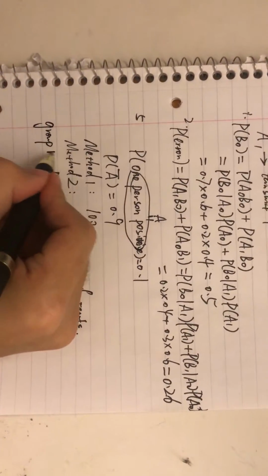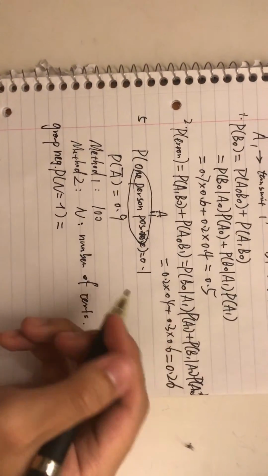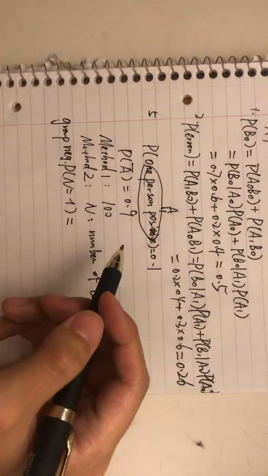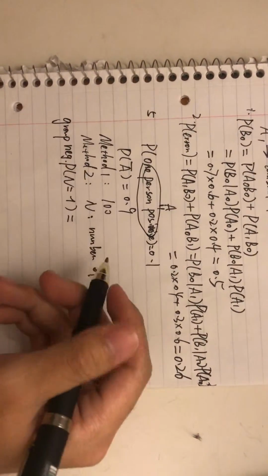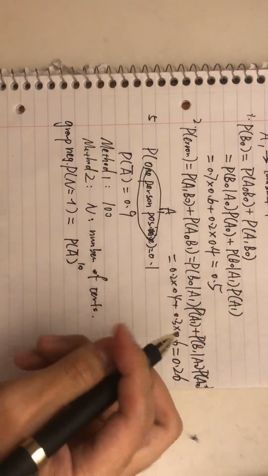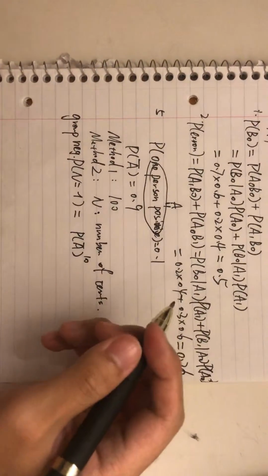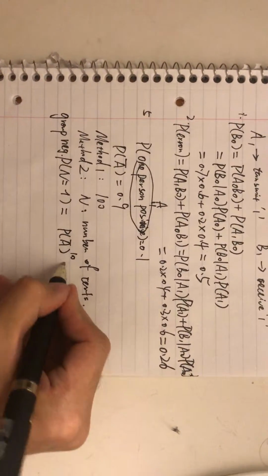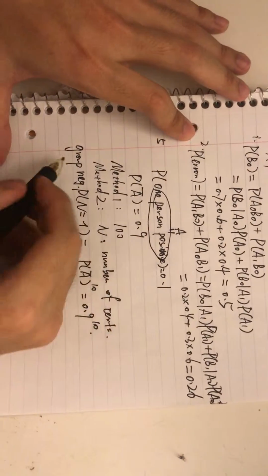If the whole group is negative, all 10 people in the group must be negative. So we use the probability that one person is negative to the power of 10, which is 0.9 to the 10.